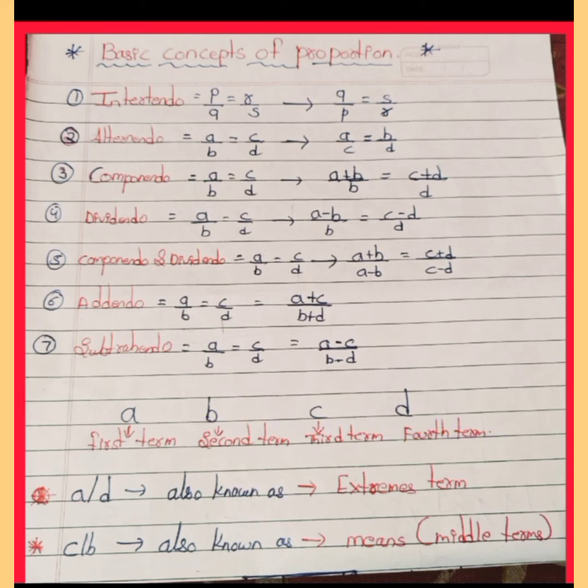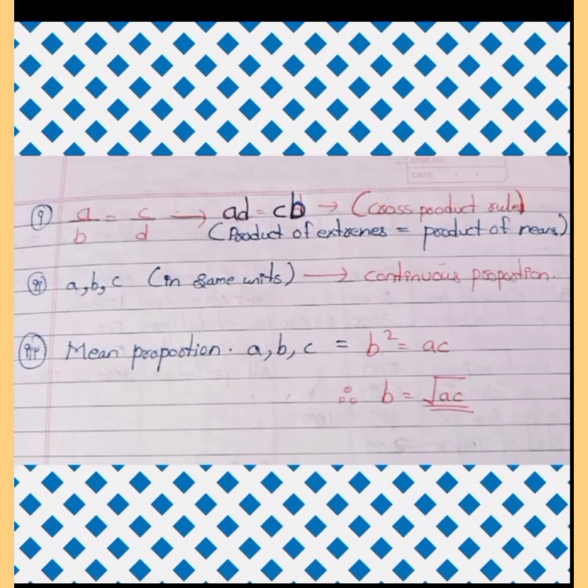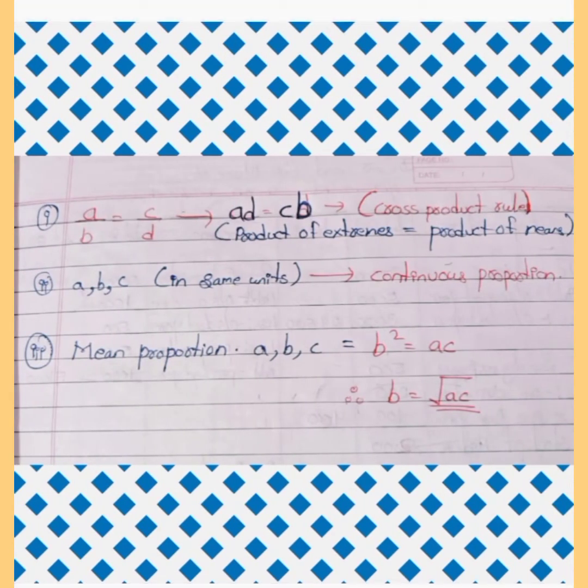Okay, now we have to move on to the second slide. You can see here I have written A upon B and C upon D. Here you have to do a cross multiply, A into D and C into B. It's too simple, and this process is known as the cross product rule.